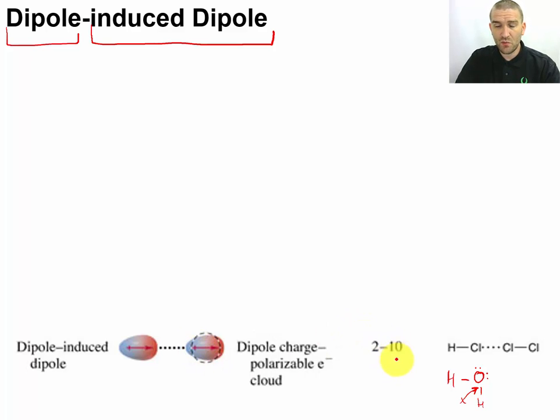Now, this is going to be one of our wimpier forces, 2 to 10 kilojoules per mole. But it's still going to be big enough to have some interactions holding something in, especially if it doesn't take much effort to keep it in. Now, the reason I went ahead and used chlorine gas as a second example, it's going to be pretty easy for some chlorine gas molecules to stick to water, even if it's liquid phase water.